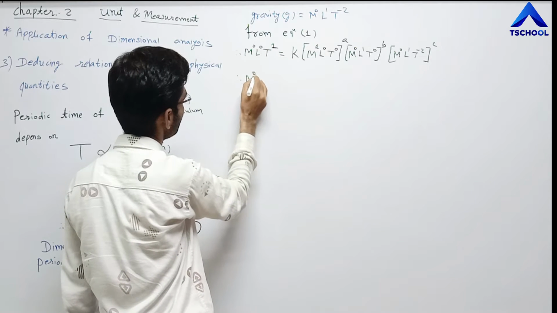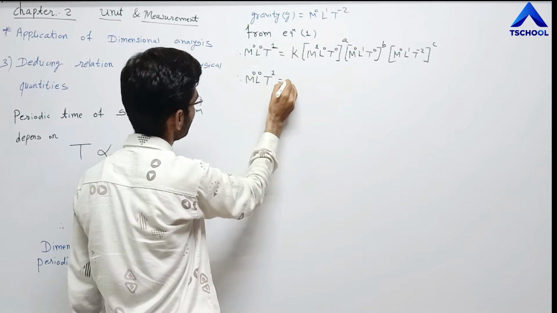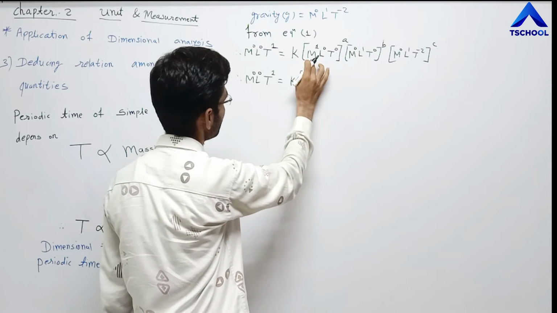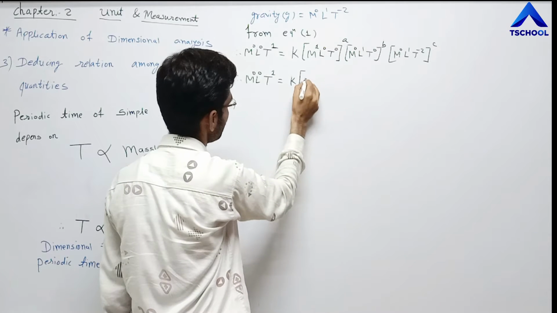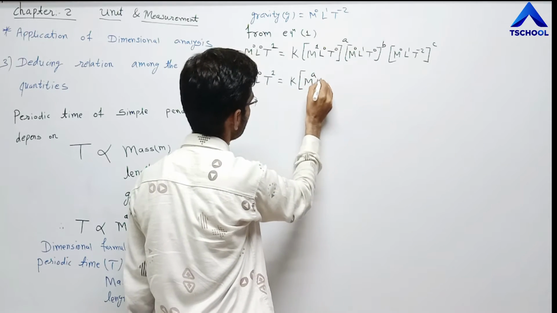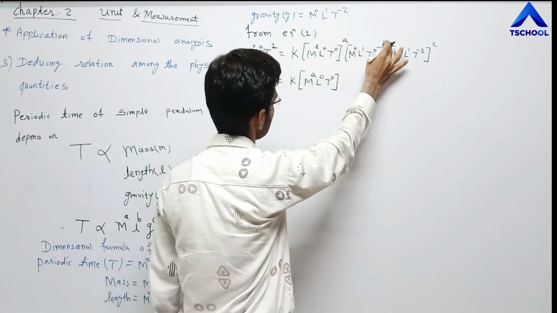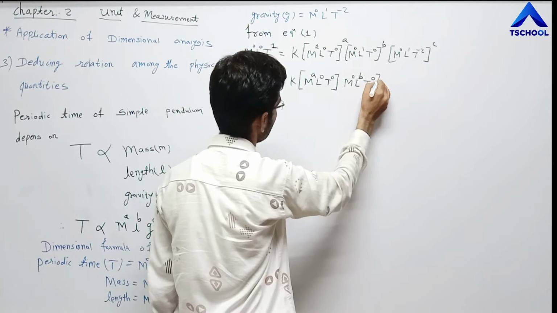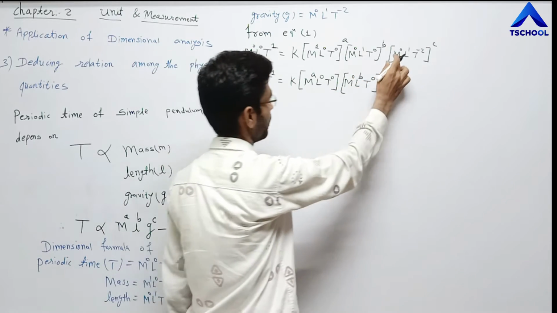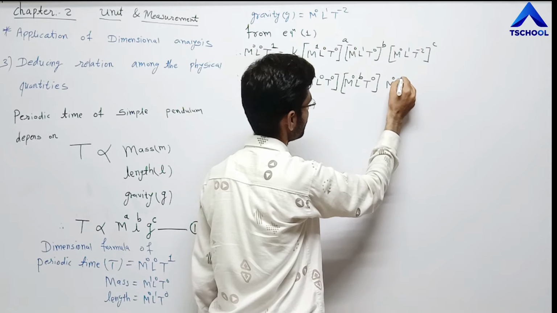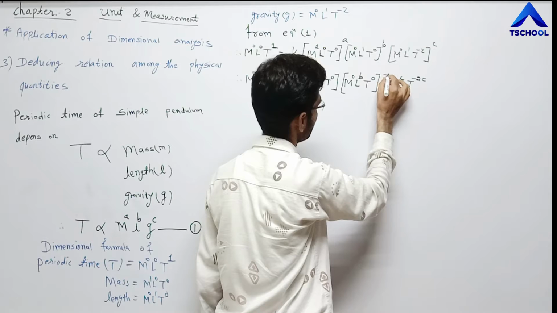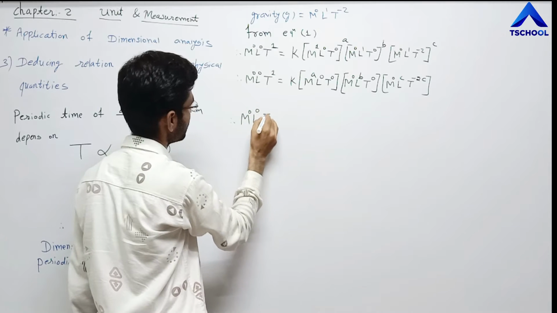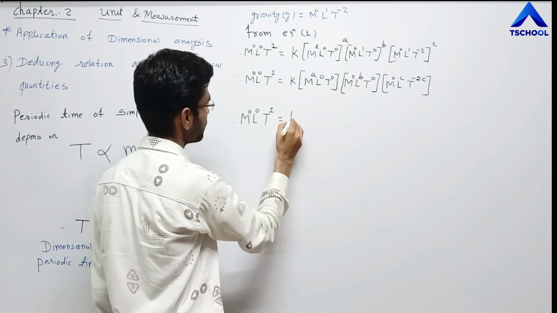Therefore m0 l0 t1 is equal to k, m raised to a, l0 t0, m0, l raised to b, t0, m0, l raised to c, t raised to minus 2c.